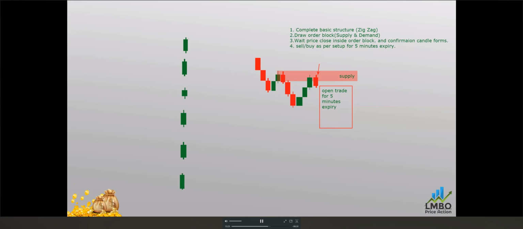So you see there's an engulfing pattern. That pattern can change anytime. Sometimes it's engulfing and sometimes dark cloud cover. Sometimes outside bar, sometimes pin bar, sometimes a shooting star, and sometimes it can be a doji.